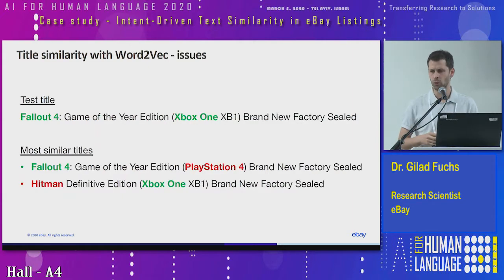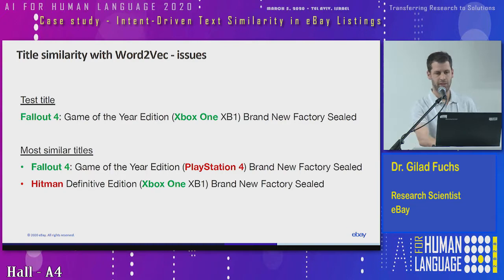But when we started to look in more detail at our results, we started to see some cases where the titles are similar, the items are similar, but actually different in some of the most important aspects of those items.